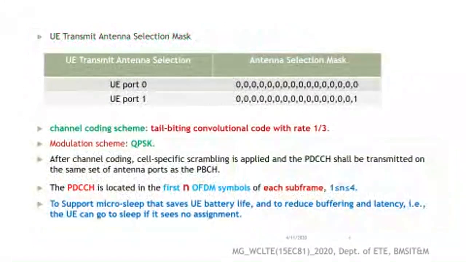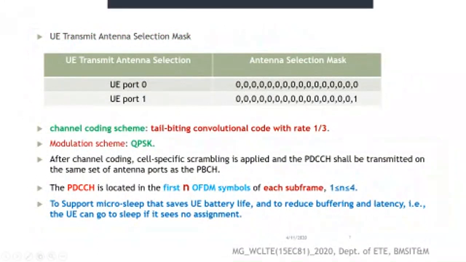So this is the user equipment transmit antenna selection mask, which is a 16-bit antenna selection mask. The user equipment will select port 0 when the mask is 16 bits of 0.